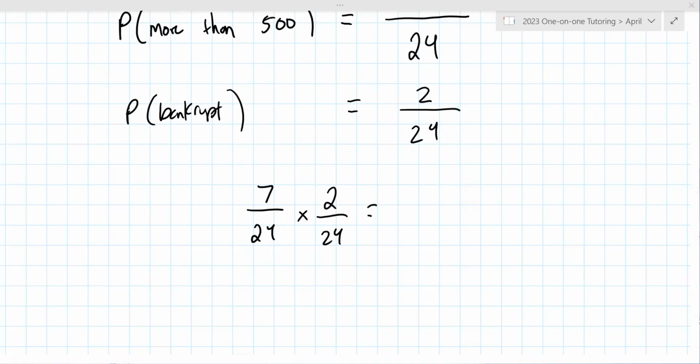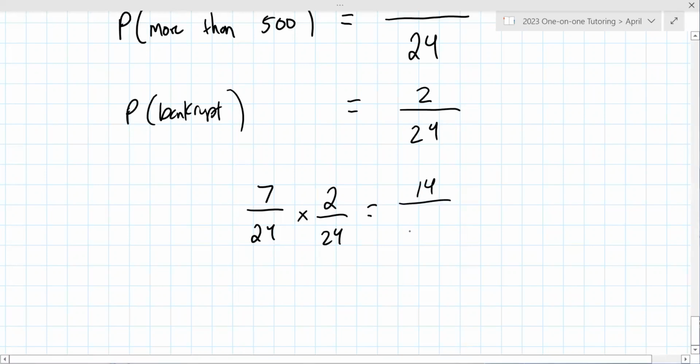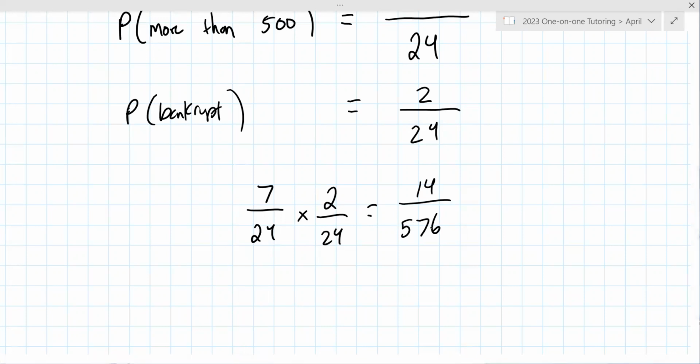So it would be 14 out of 24 times 24, so 14 out of 576. You can reduce this or make it a decimal. This is where you ask your teacher what they want here. Sometimes they want both, sometimes one or the other, but that is the answer.